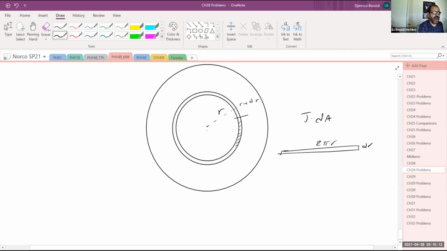Then I'm going to change r from 0 to r only, because they told us inside. So I'm not going to integrate from 0 to big A, but instead from 0 to r. I'm going to change the variable and call it r prime, which changes from 0 to r.